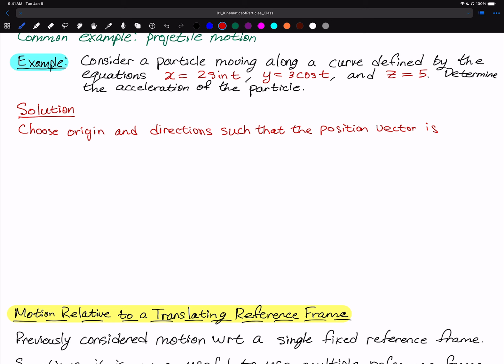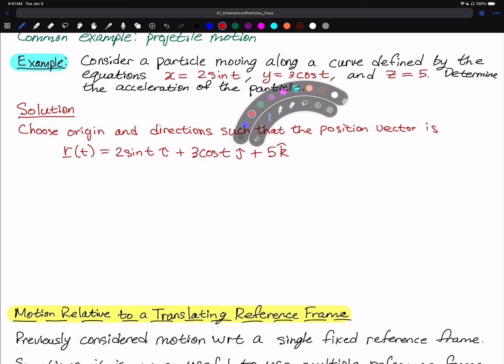We don't necessarily need to draw this out. We're going to use Cartesian here: x is associated with i, y is associated with j, and z is associated with k. So then our position vector, r of t, is equal to 2 sine t in the i direction plus 3 cosine t in the j direction plus 5 in the k direction. We've chosen our origin and directions such that this is true.